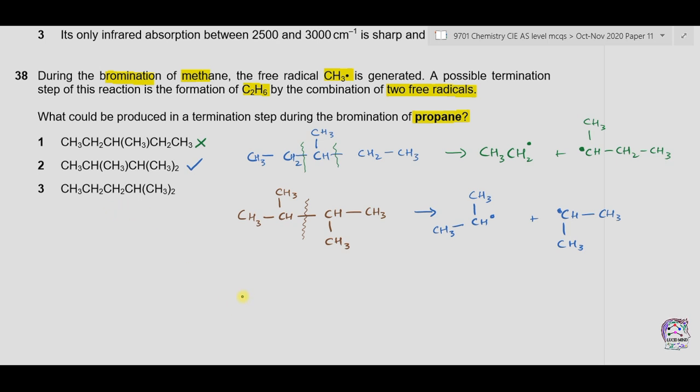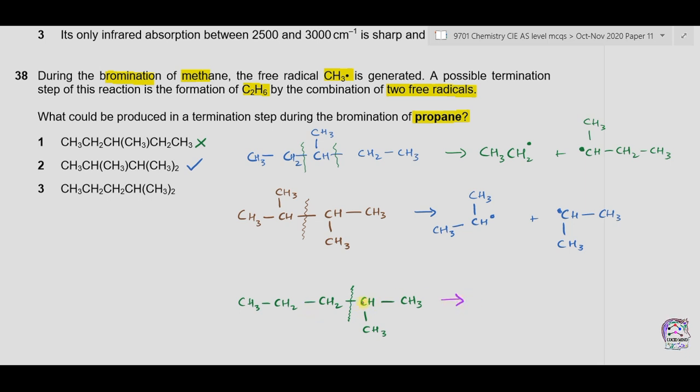Moving toward third option, we have CH3, CH2, CH2, CH, CH3, and again CH3. Now the propane radicals could be these.